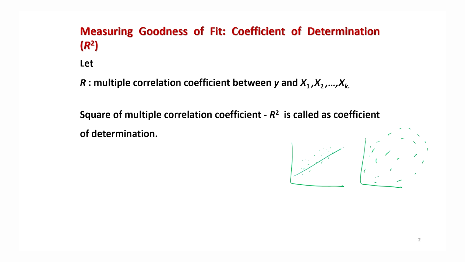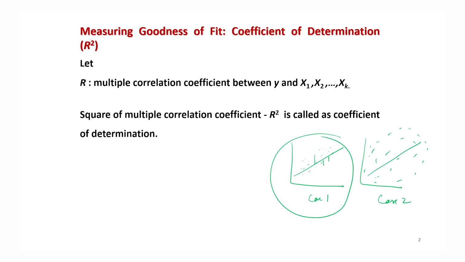In both cases you can find a similar straight line, but definitely in case number 1 the points are lying closer to the line than in case number 2. So I can say that in the first case the model is fitted better than in case 2.